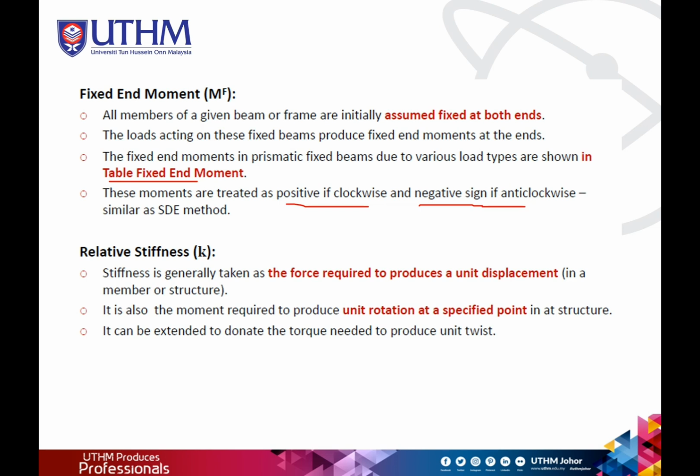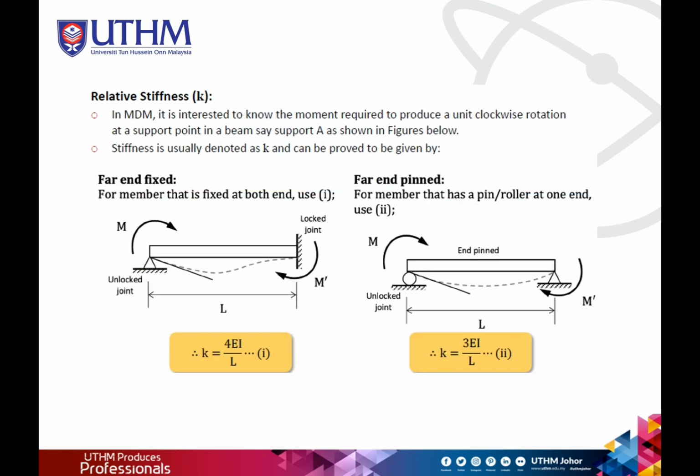Second, we also have the term K, which is relative stiffness. Relative stiffness is the force required to produce a unit displacement.